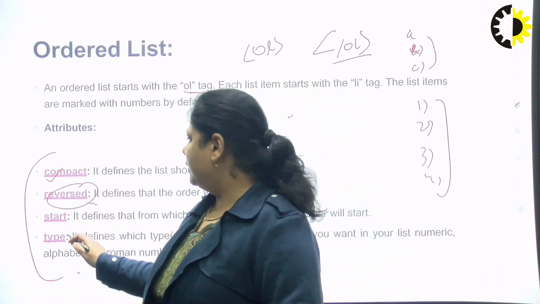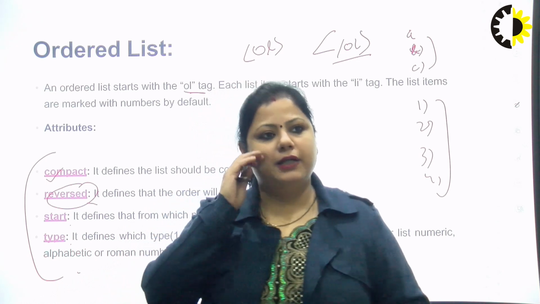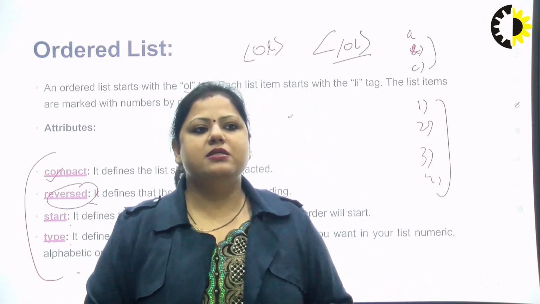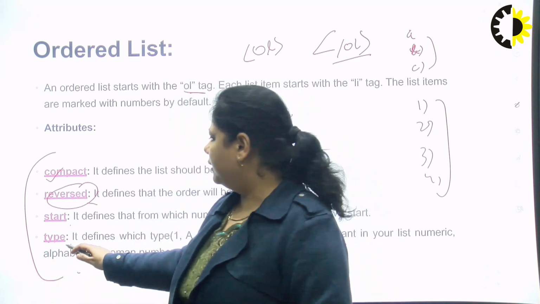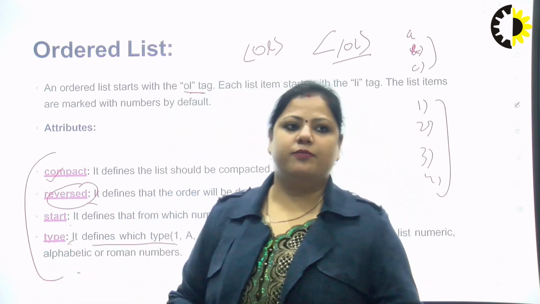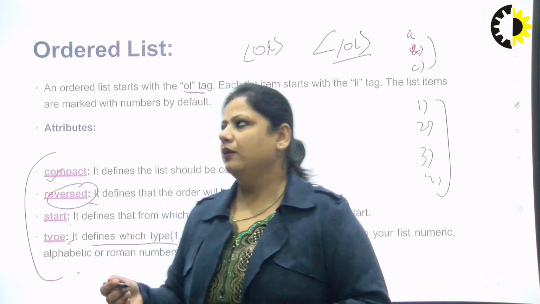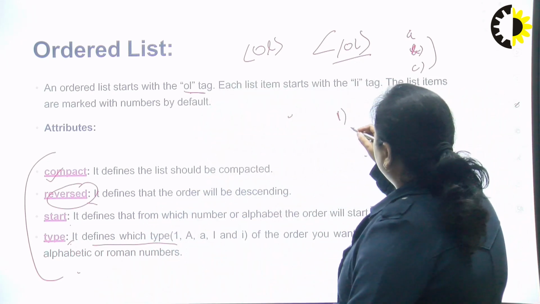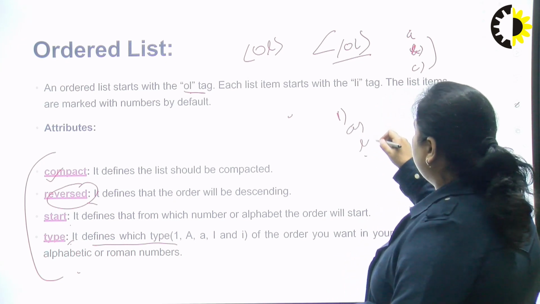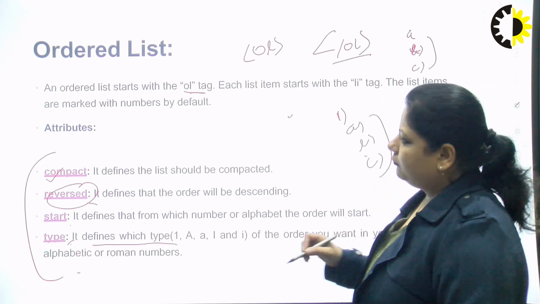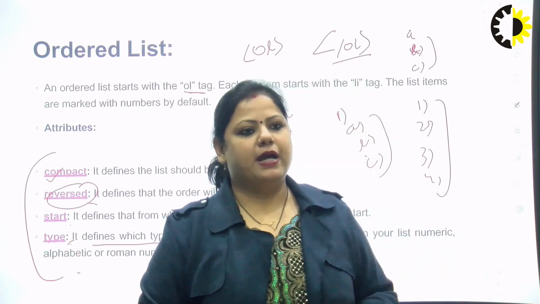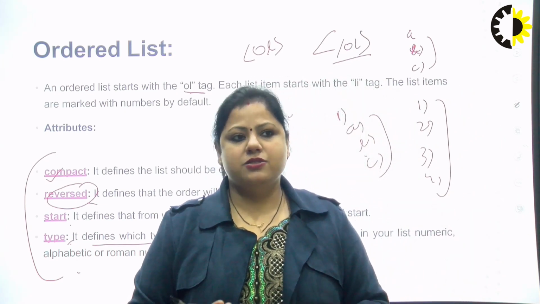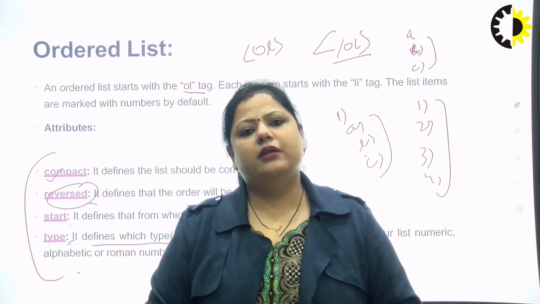Now, start and type. The start attribute defines from which number or alphabet the order will start, and the type attribute defines which type, like 1, 2, 3 or A, B, C. With the help of the type attribute, we can have numeric, alphabetic or Roman numerals in our list.